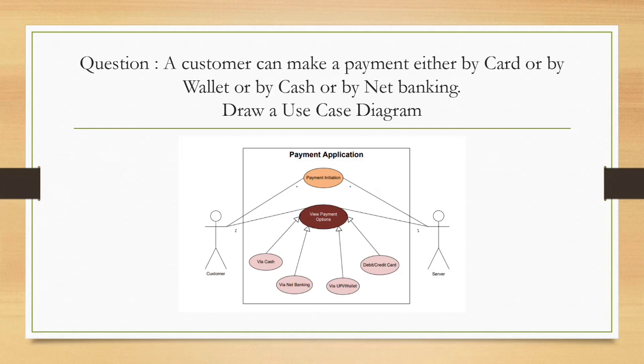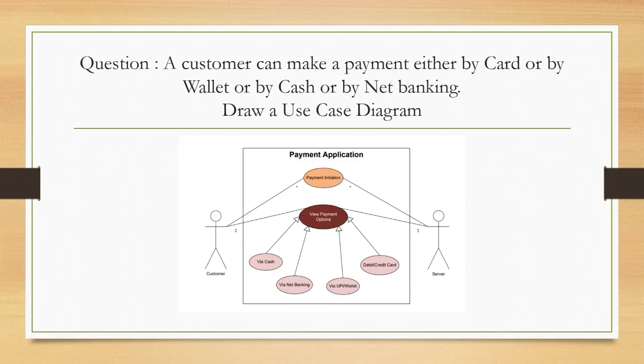You need to showcase only the payment by drawing the use case diagram. Like this you can draw the use case diagram. And here you need to use generalization. Remember, if you don't know about generalization also, you will get to know it when you go through the YouTube videos.